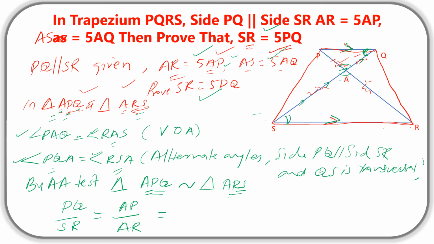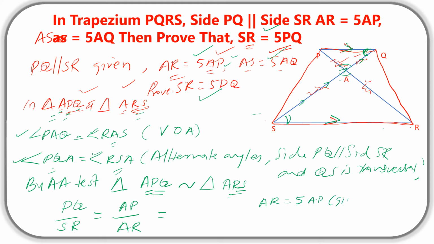If I write AP upon AR, it will be having a ratio same as AR and AP. That means AR is equal to 5 times AP.